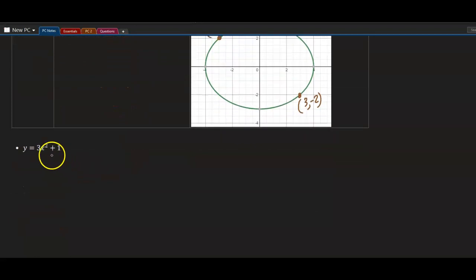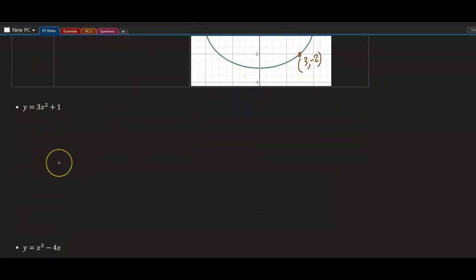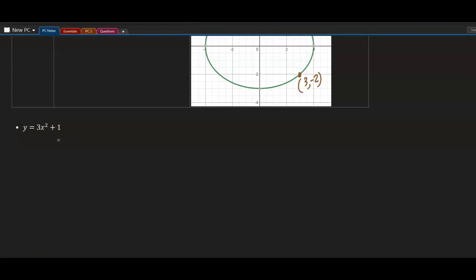So let's take this function right here and test it for symmetry. For x-axis symmetry, the test is this: I'm going to replace y with -y, and see if I can simplify this equation and get exactly this one.